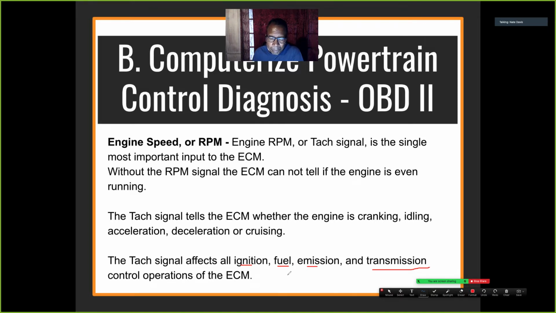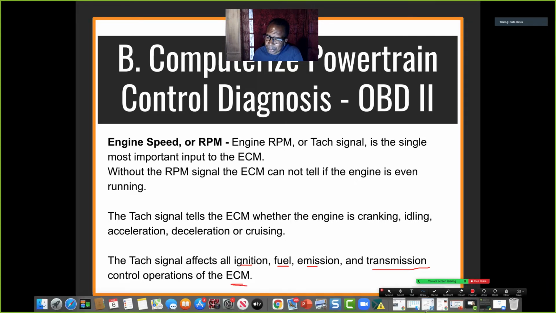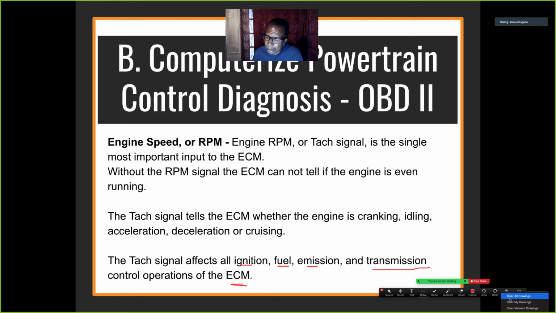Because remember, the ECM gives an output signal to the transmission solenoids. So how would it affect the trend? That's a good question. If you step on the gas pedal, the vehicle speed increases, the RPM increases.